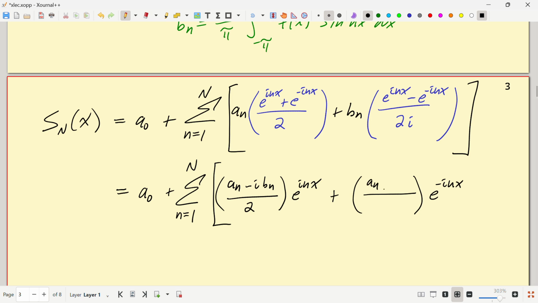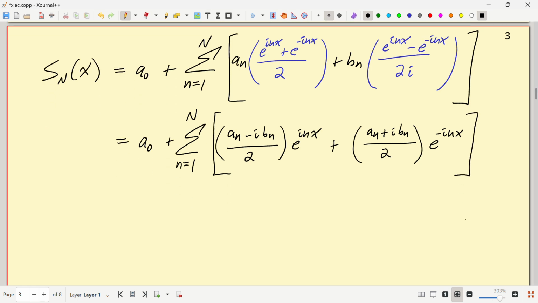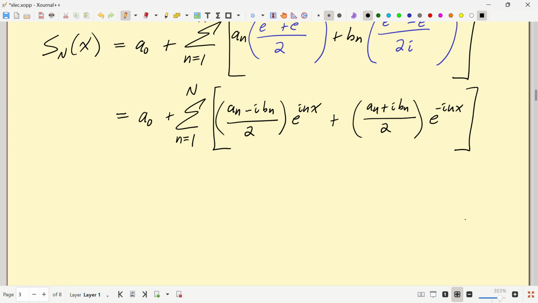I'd get a_n over 2, and then a minus b_n over 2i. But 1 over i is minus i, so I get plus i b_n. And the cool thing is, you play around with this and you realize, let's write c_n equals a_n minus i b_n over 2 when n is positive.